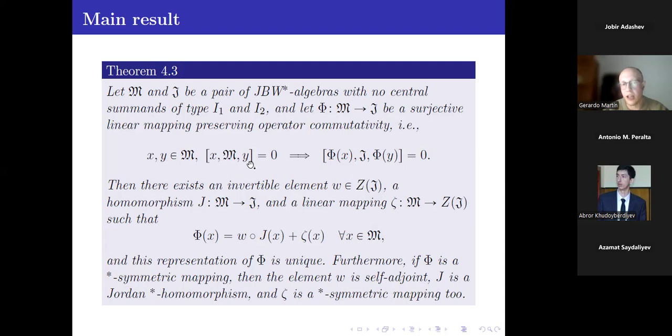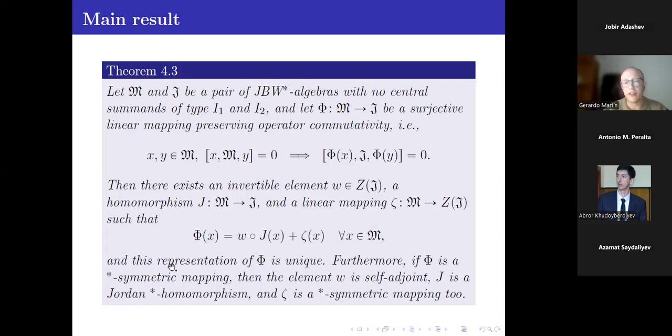This is, if two elements in M operator commute, then phi preserves operator commutativity of the images. Then there exists an invertible element, a Jordan homomorphism, and a linear mapping theta, such that phi has this unique representation.